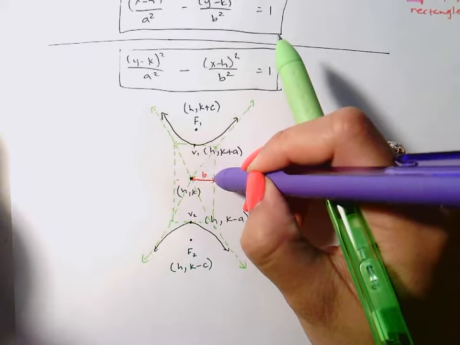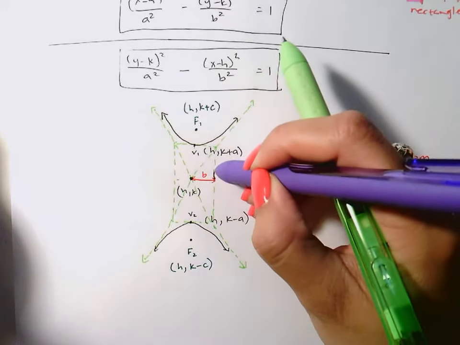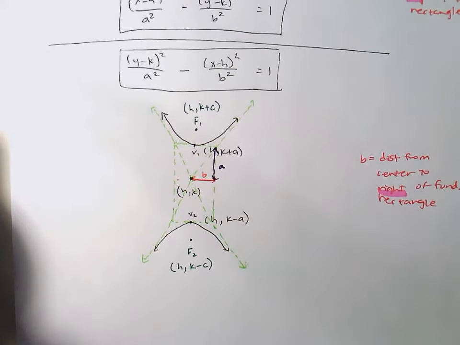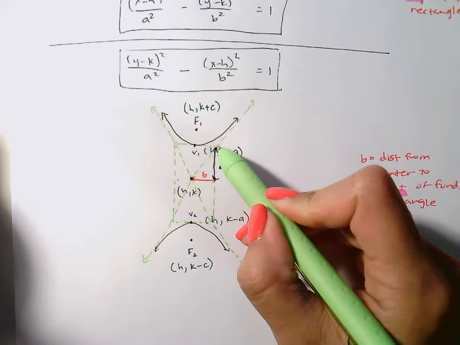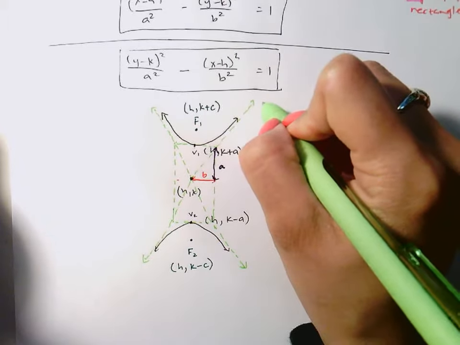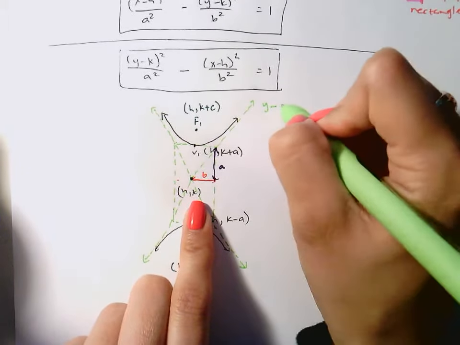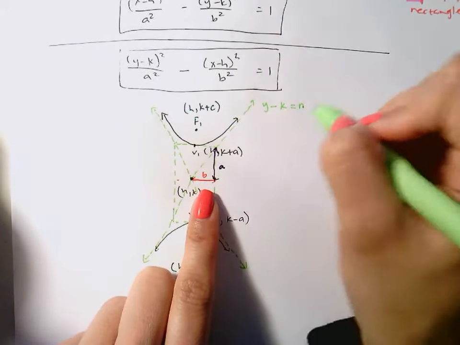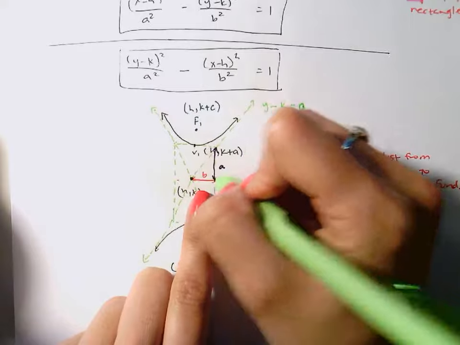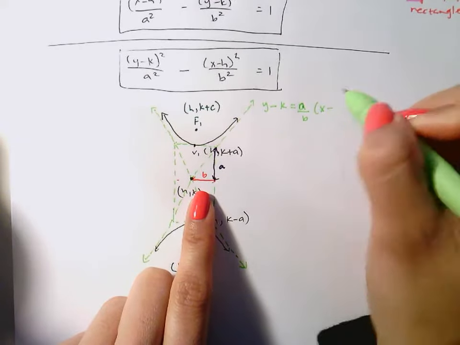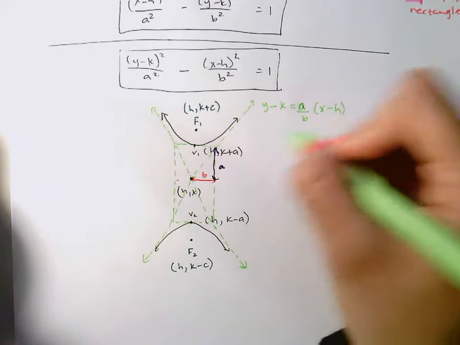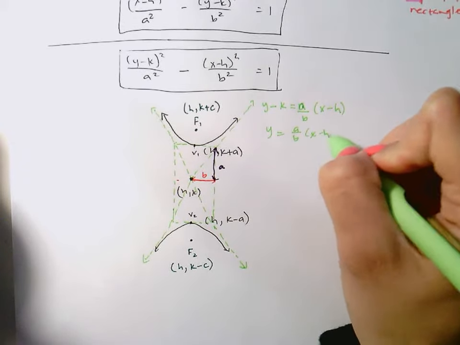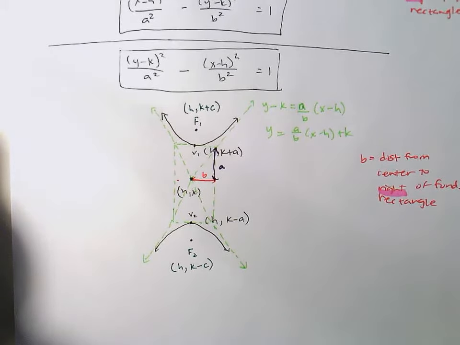So remember that this distance, let me draw it on this side, is equal to A. So the rise is equal to A, the run is equal to B. So y minus y1, which is K, is equal to m, which is rise over run, A over B, times x minus x1, which is H. And then you can manipulate it just like we did before: y equals A over B times x minus H plus K. So that's if you wanted to write it in that form.